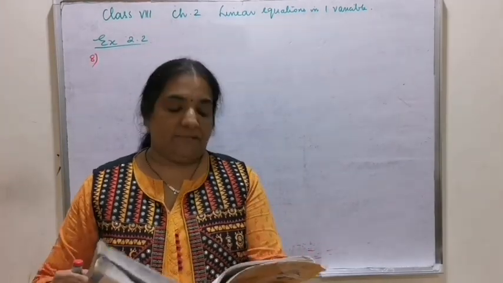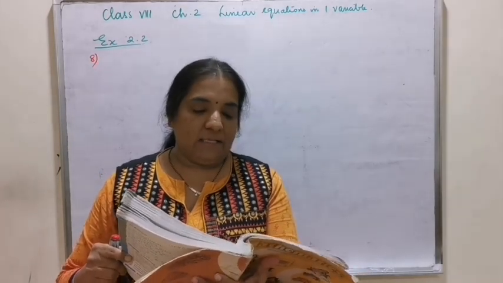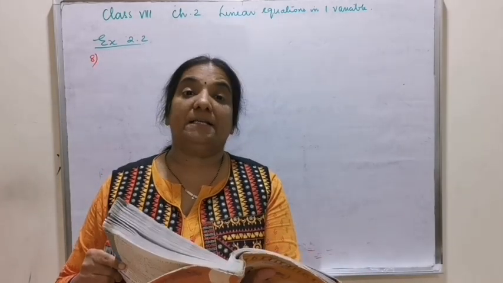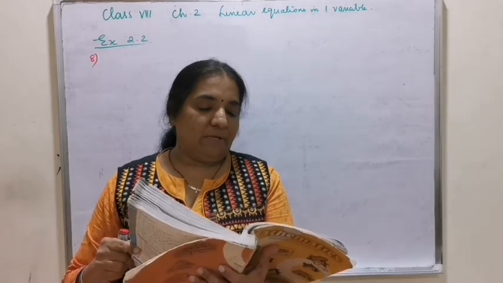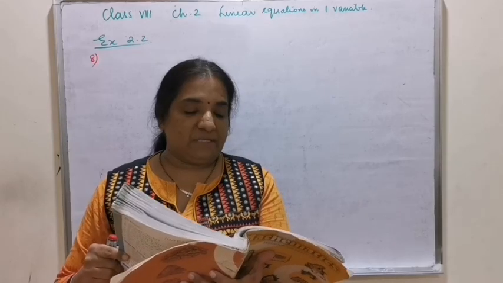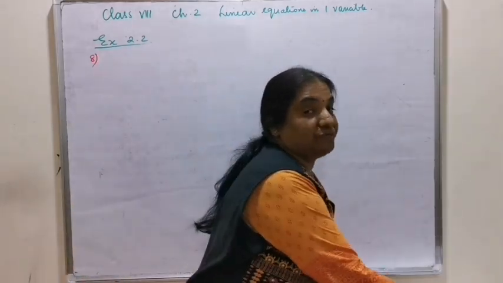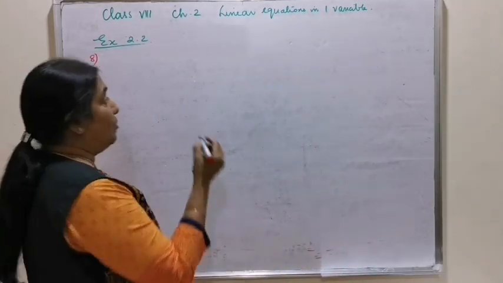Question number 8. 3 consecutive integers are such that when they are taken in increasing order and when multiplied by 2, 3 and 4, they add up to 74. 3 consecutive integers and you have to take them in increasing order.